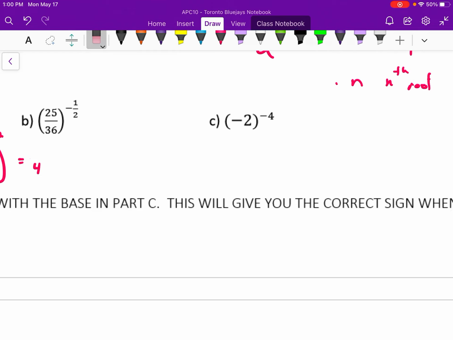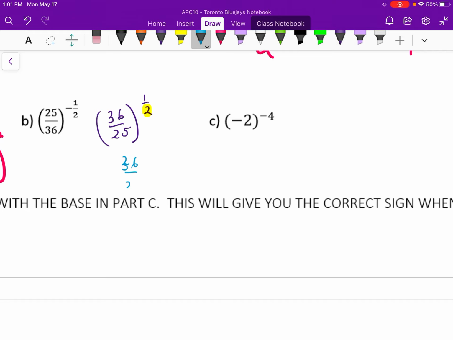Let's move on to B. If we have a negative exponent, take care of it by taking the reciprocal. Now what we notice is that the denominator of my rational exponent is 2, which translates into the square root.